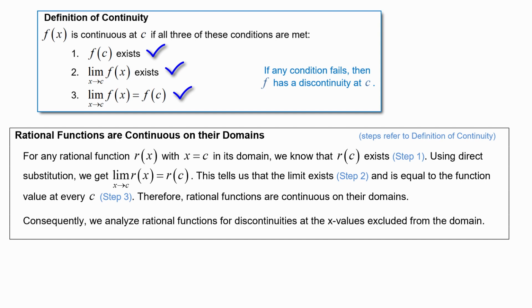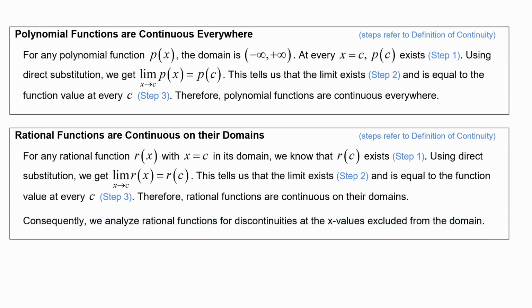Therefore, because steps 1, 2, and 3 were all satisfied in the definition of continuity, rational functions are continuous on their domains. Consequently, we analyze rational functions for discontinuities at the x values that are excluded from the domain. And now we'll take a look at some examples to understand how this works.